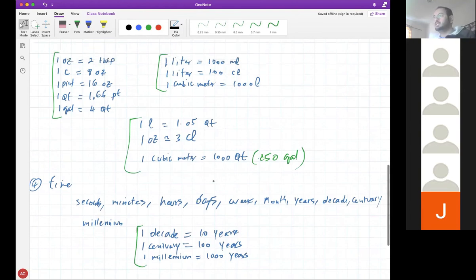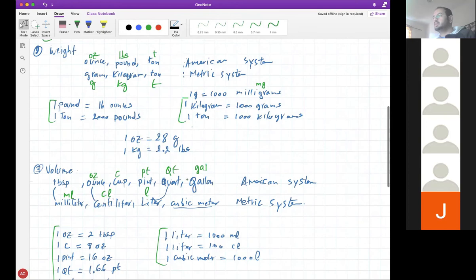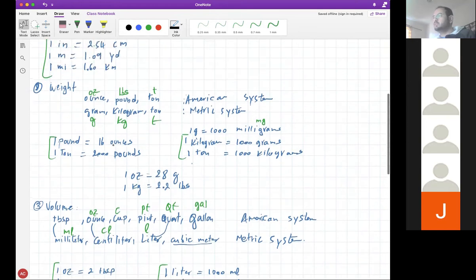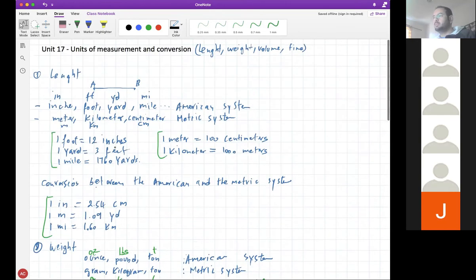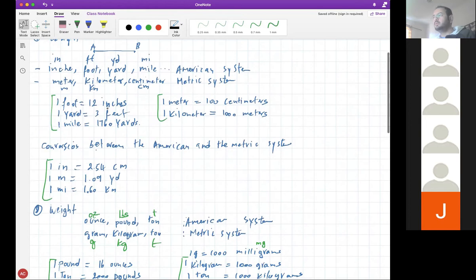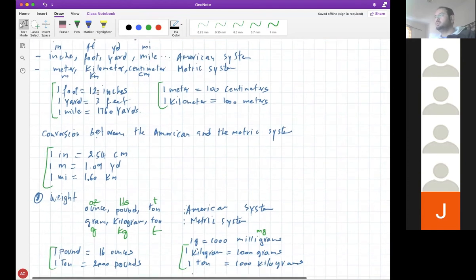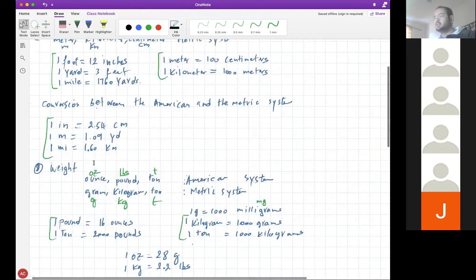They're not hard. We just have a few from each. So remember the basic ones. We should know at least the ones we use here, know a couple from the international system, and the conversions between them. The bridge between the two are these and these.